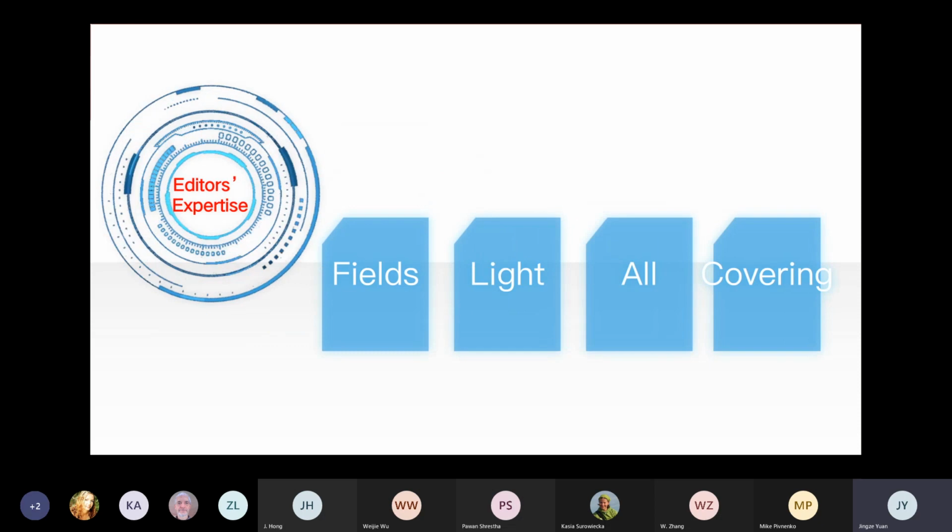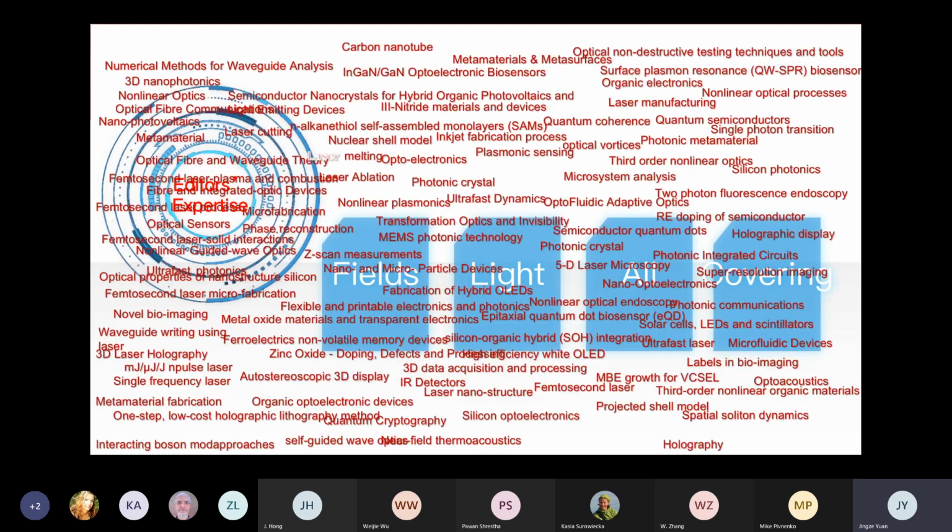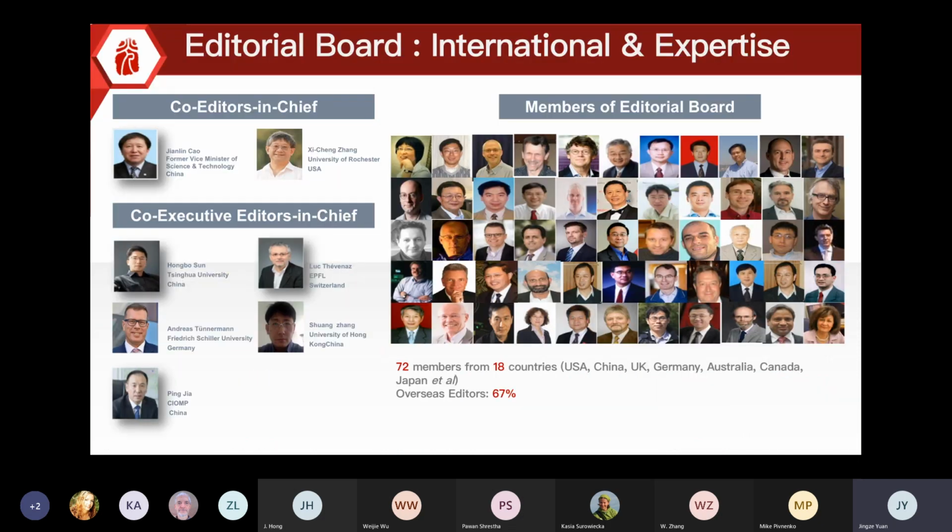ELSA's editorial board members are all distinguished optical experts, and their research interests almost cover all the optics and photonics fields. Currently, we have 72 members from 18 countries, and overseas editors count to 67%.